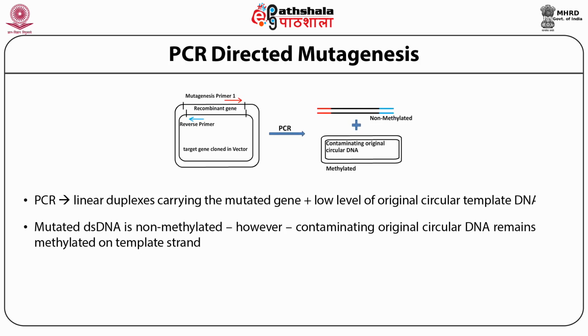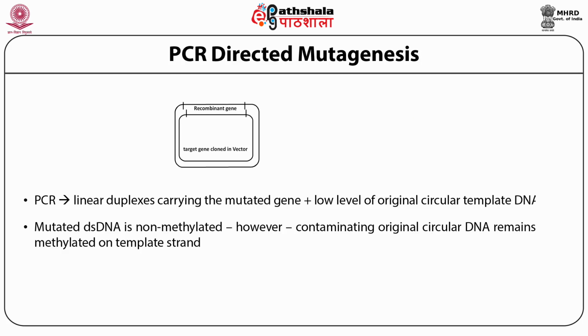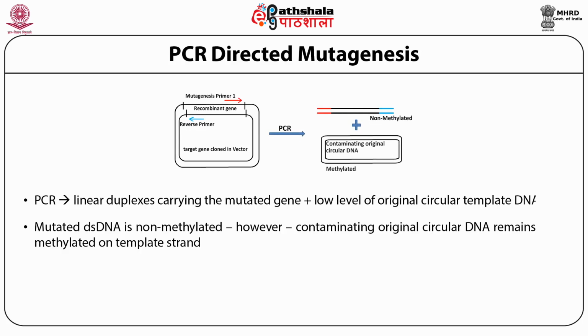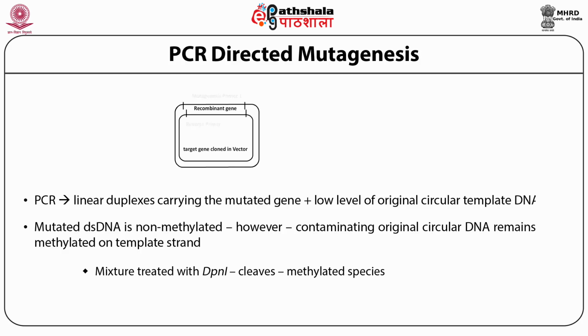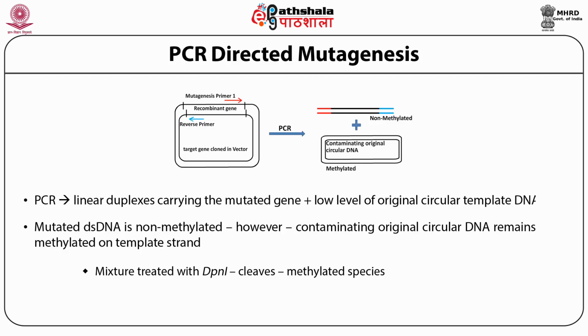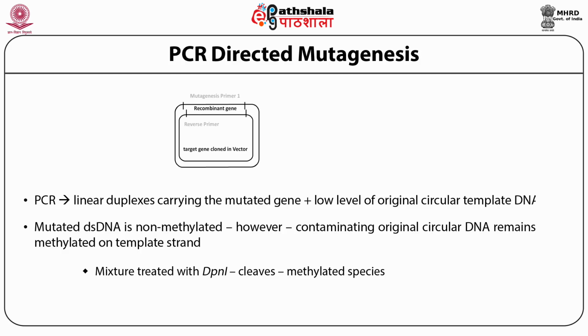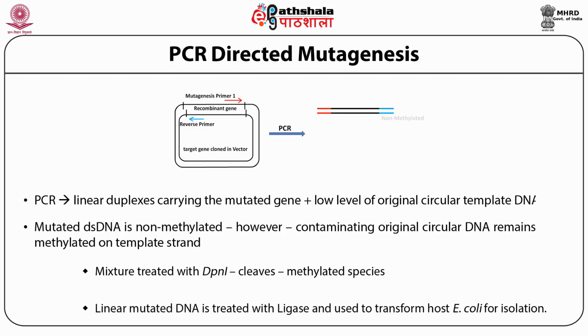Now we are going to subject this PCR amplified reaction mix to an enzyme which can target only the methylated sites. So the mixture of this PCR amplification is subjected to DpnI restriction. DpnI will target only the contaminating original circular DNA which is methylated, and our linear DNA will not be affected by this enzymatic treatment.